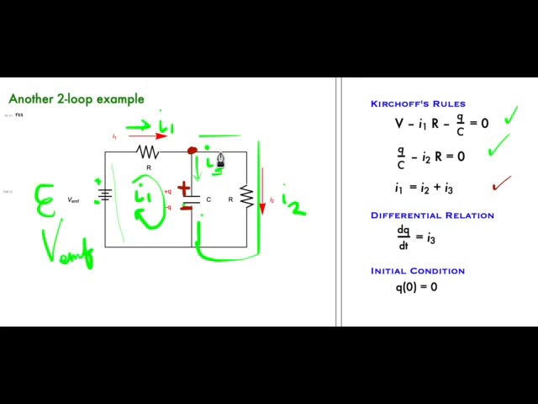Now I have to have a third equation because I have three unknowns, I1, I2, and I3. But you see, Q and I3 are related. dQ/dt is equal to I3. So that's the differential relation. It says whatever current comes into the top plate of the capacitor accumulates on the top plate of the capacitor. So dQ/dt, the rate of change of charge coming to the top plate of the capacitor, is I3.